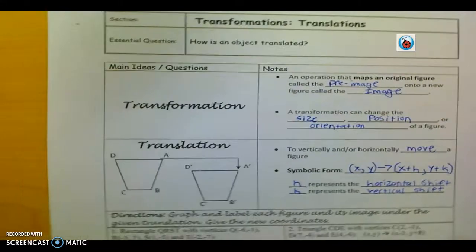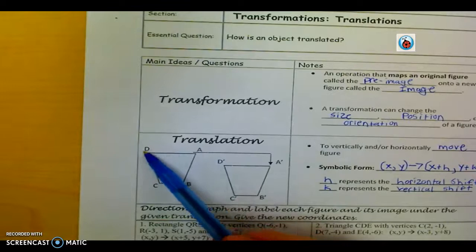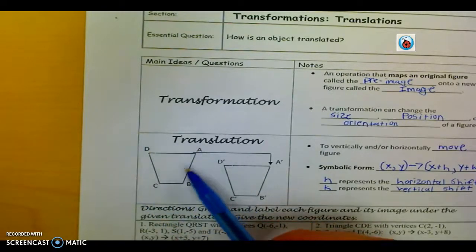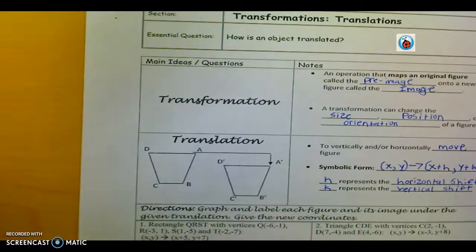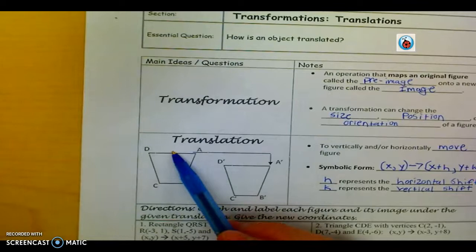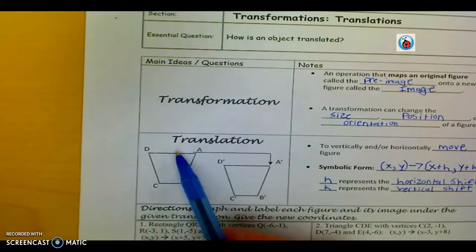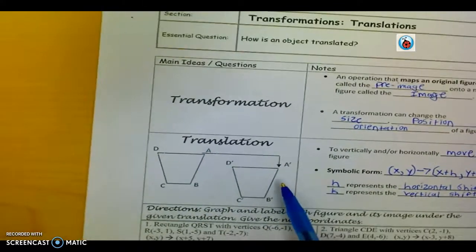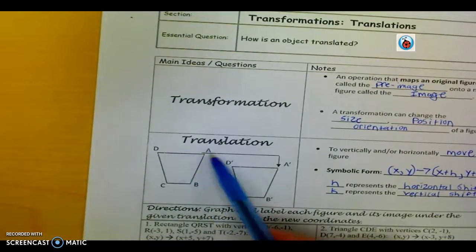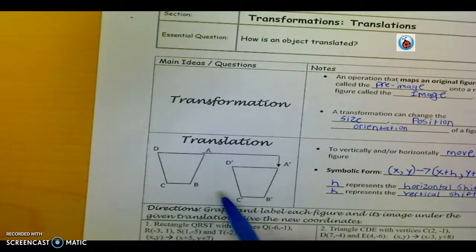Okay, so you can see in this picture, our pre-image is here, A, B, C, D. I think that is a trapezoid, if I remember correctly. But this pre-image is being shifted, or translated, to the right and down. Right? Notice the orientation: the D stays the same, the A stays the same, the C stays the same, the B stays the same.